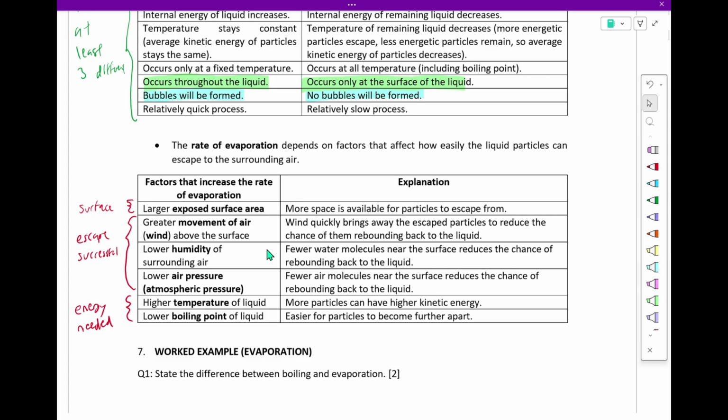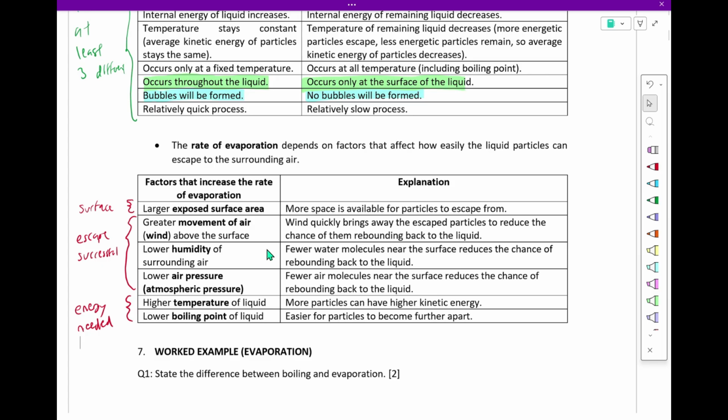And lower humidity itself. Now, humidity basically means the amount of water droplets in the air. So if there are less water droplets in the air, when my liquid evaporates and escapes, there are less particles trying to block me, so I can escape more successfully. And for lower air pressure, it's the same thing.